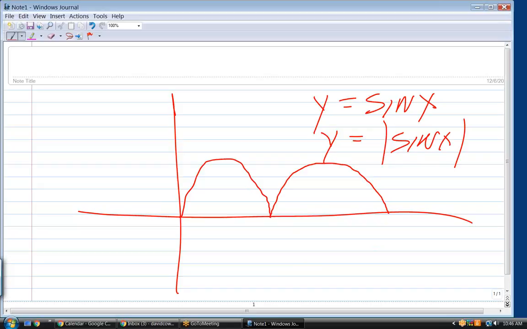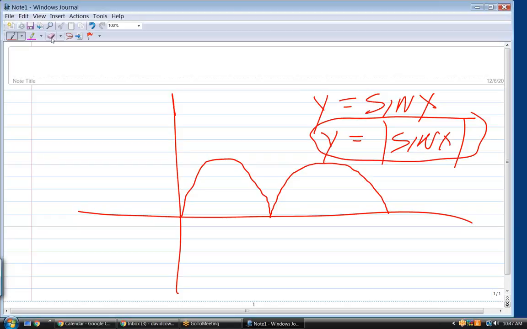Y equals absolute value of sine x. You just take everything below the x-axis and reflect it over the x-axis. Because it has to be positive, right? In other words, there's no value of x that y is going to be negative. You can't have an absolute value that's negative. Exactly. So it always has to be graphed above.